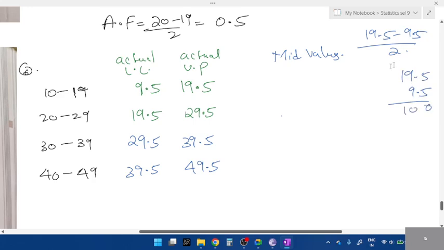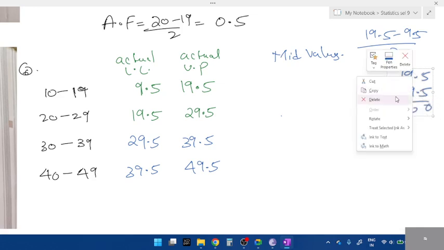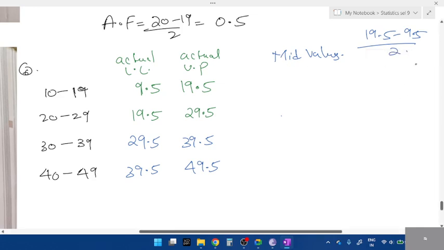What is 10 divided by 2? 5. Now, after getting that 5, add that 5 with all the lower limits. Imagine 9.5 is 10 students. What is 10 plus 5? Just add 9.5 plus 5, it is 14.5.